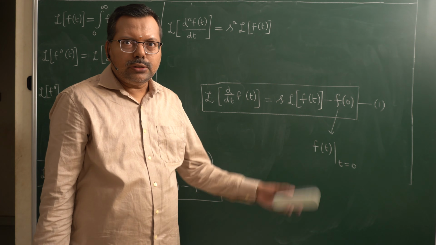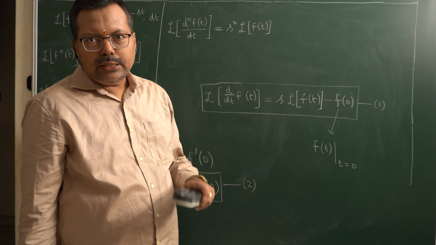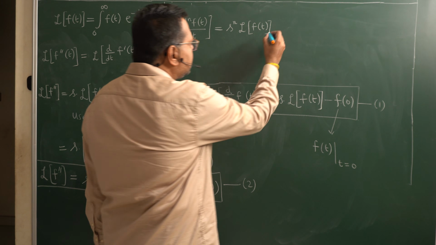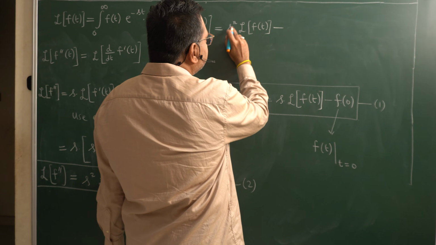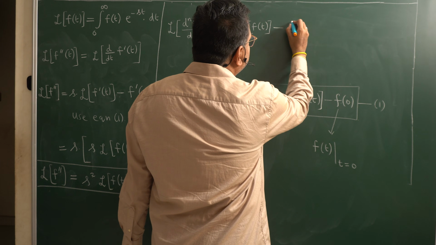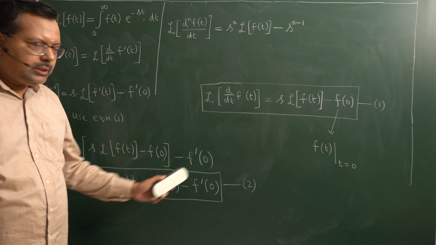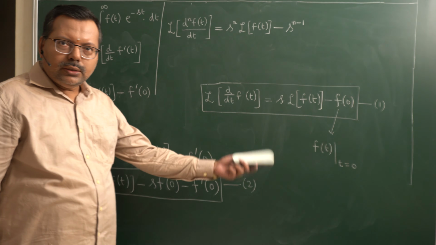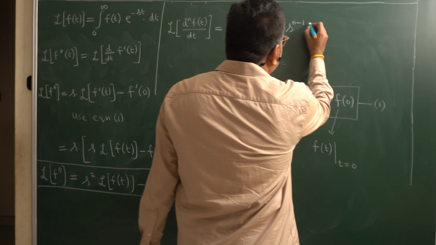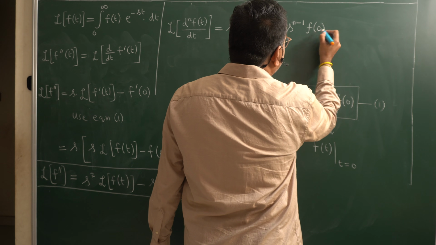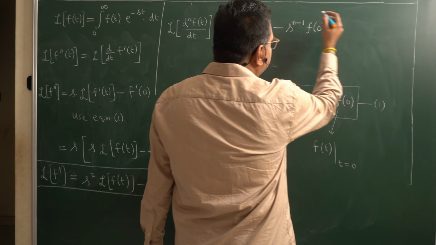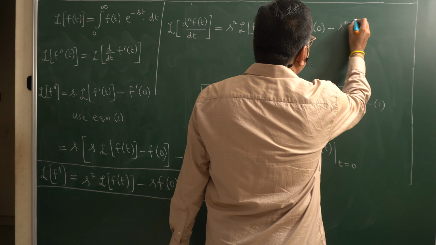Once you finish the first term, all remaining terms are minus, minus, minus. So you put a minus there. Then you reduce the power: s to the power n minus 1. Hereafter you have to start with f of 0 and the primes. So you put f of 0, then again minus, again reduce the power, s to the power n minus 2.